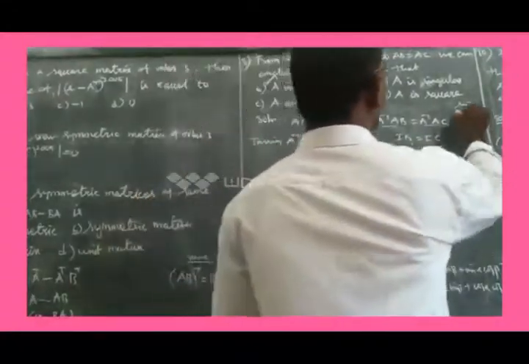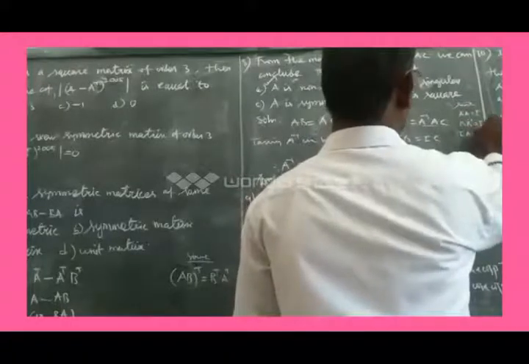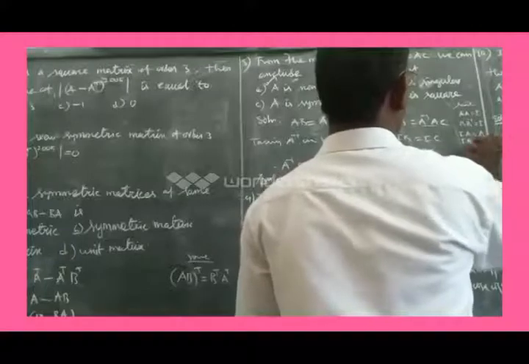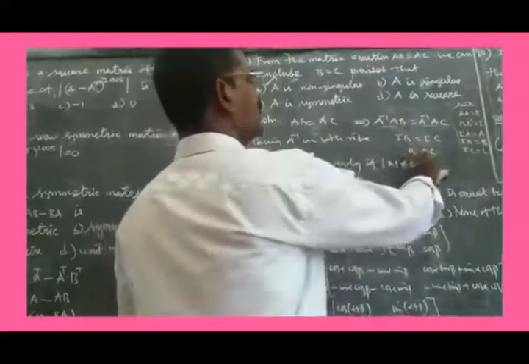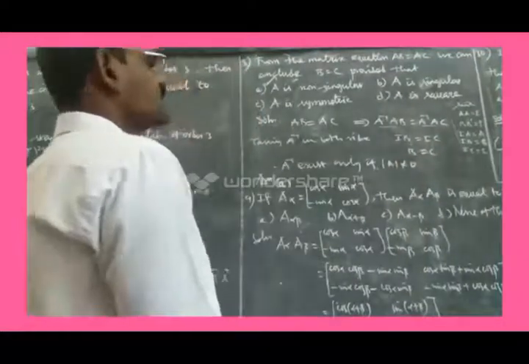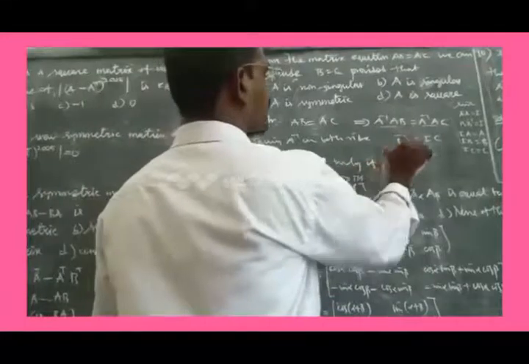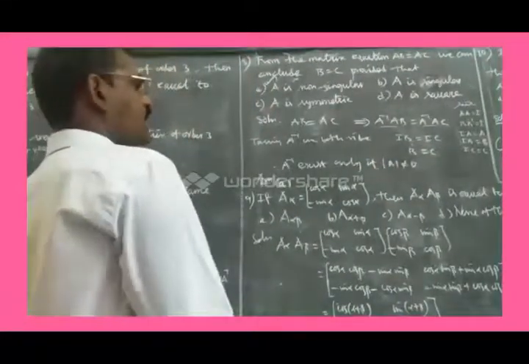I into B equals B, I into C equals C. We got B equal to C. Therefore A inverse exists only if the determinant of A is not equal to 0.